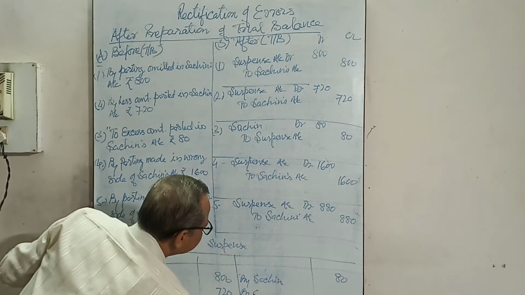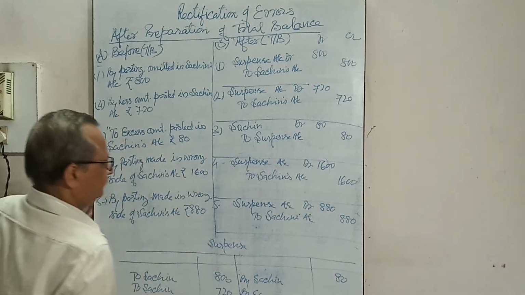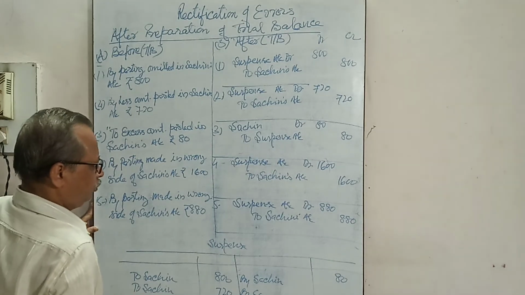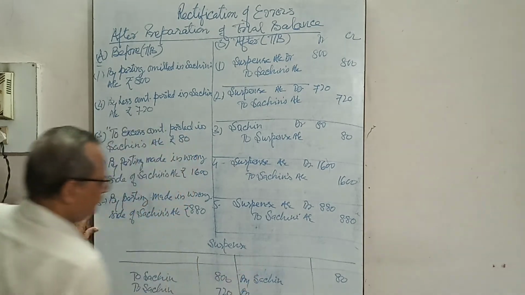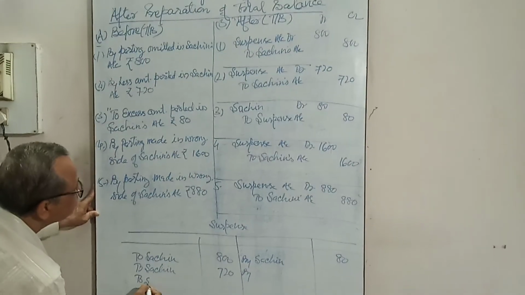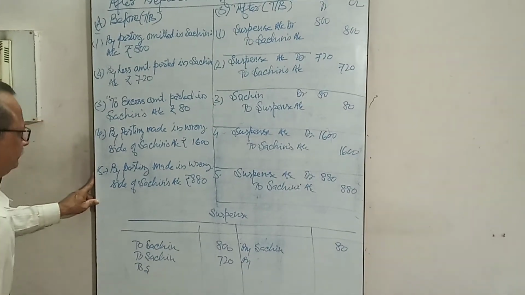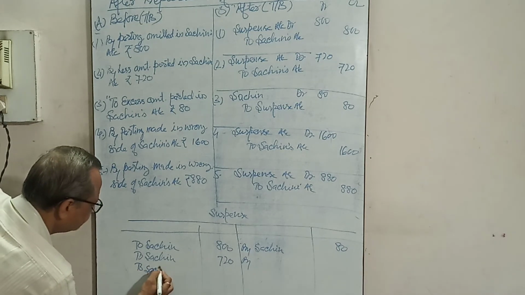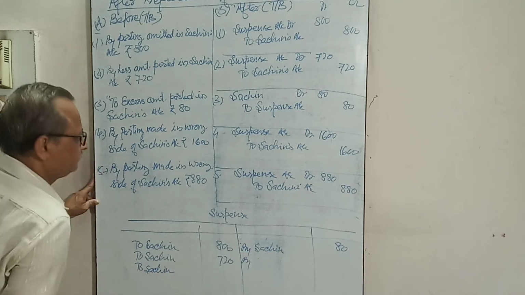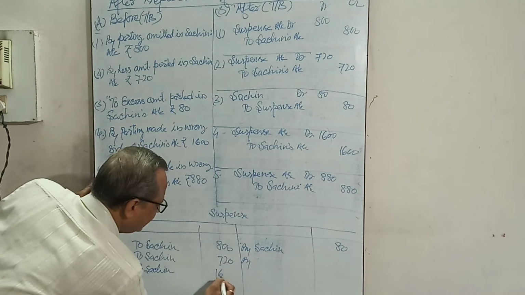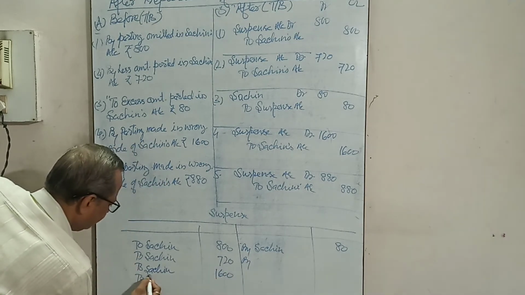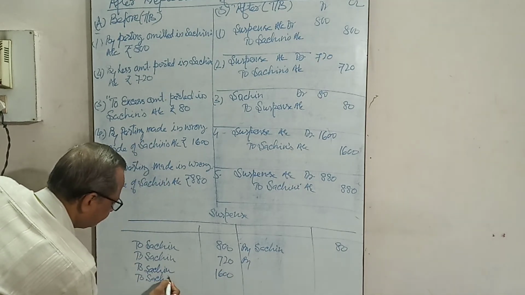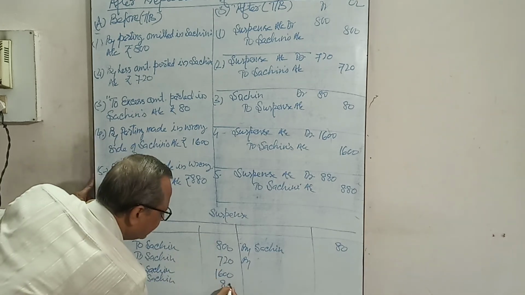Again to Sachin, 1,600 and to Sachin 880.